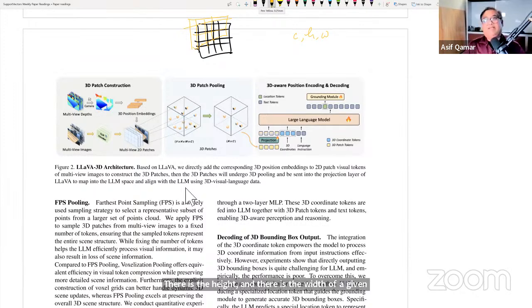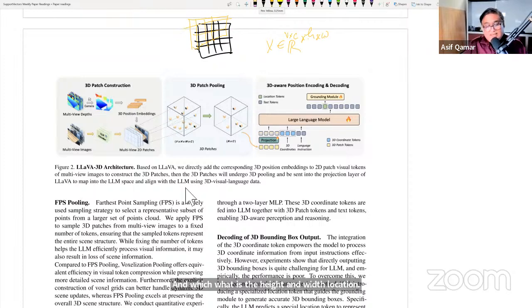Any pixel belongs to the vector space X in color cross height cross width, right? A three-dimensional world. But here, there is a fourth dimension, which is which of these views it belongs to. So you need to bring in the view also, view cross this. Are we together? So now we are looking at which view, which color channel, red, blue, green, and what is the height and width location of that pixel.